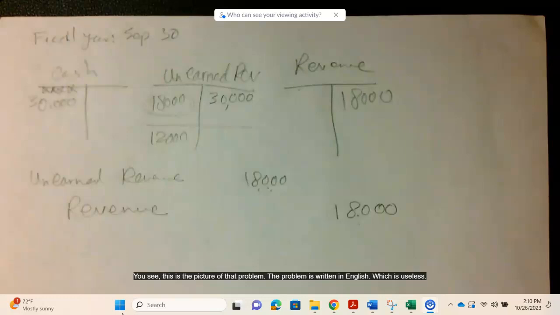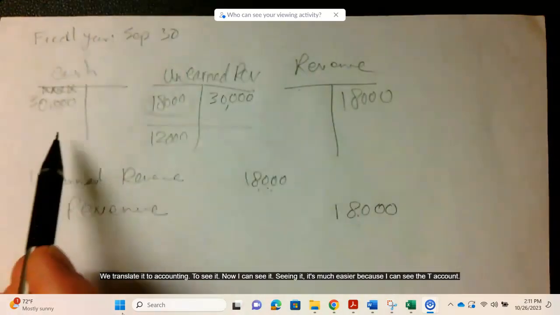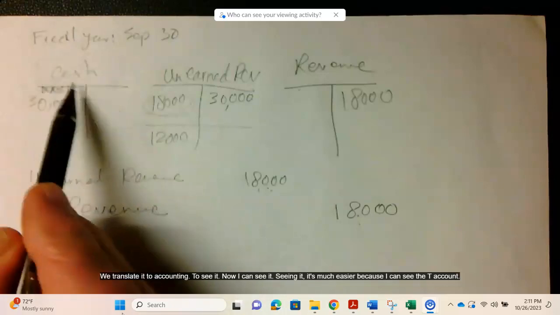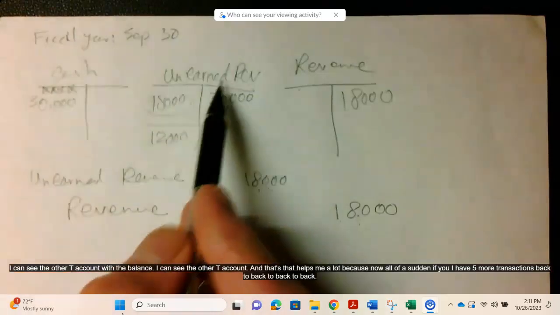You see, this is the picture of that problem. The problem is written in English, which is useless. We translate it to accounting to see it. Now I can see it, and seeing it is much easier because I can see the T account with the balance, and the other T account.